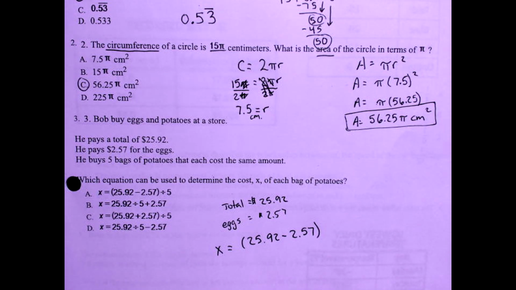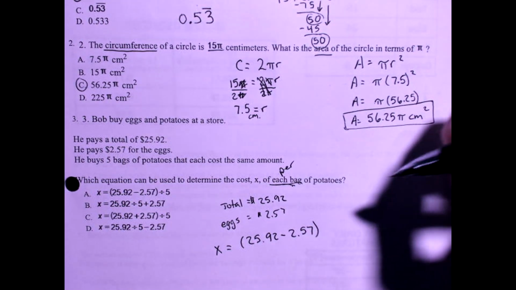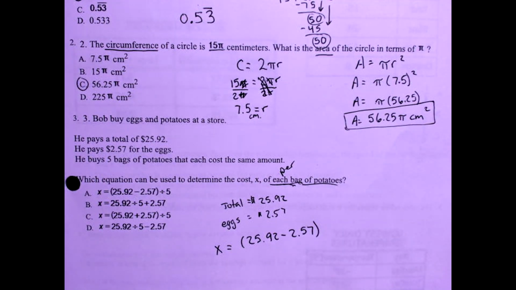That would be the total amount of money that we spent on potatoes. So if we went through and did the subtraction, that would be how much we spent on potatoes. But that would give us the total price we spent. We're not looking for that. We're looking for the price of each or per bag of potatoes.